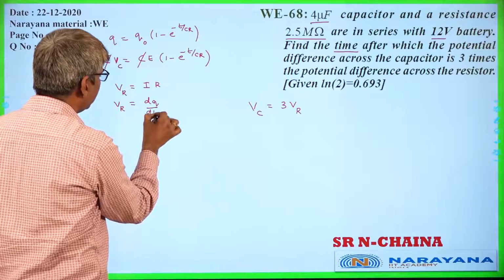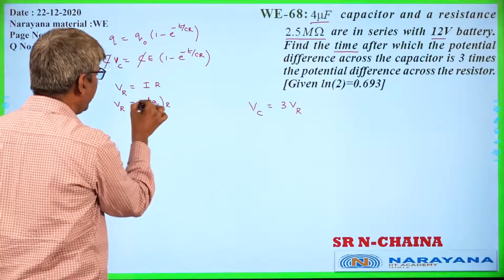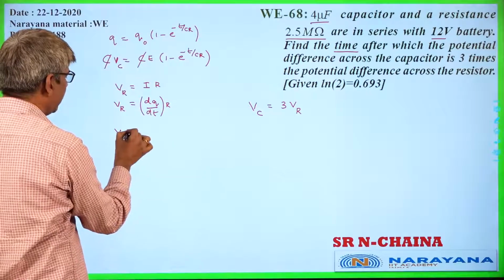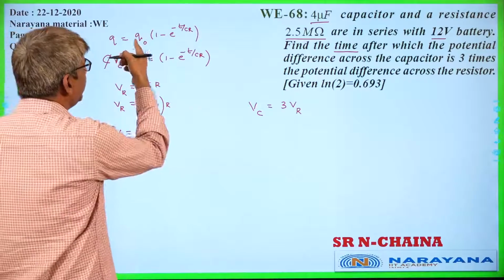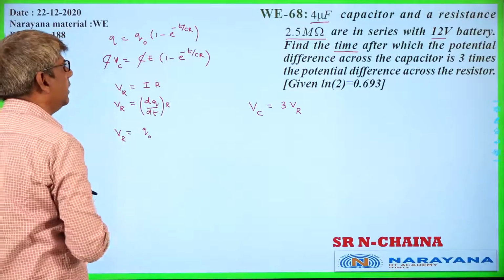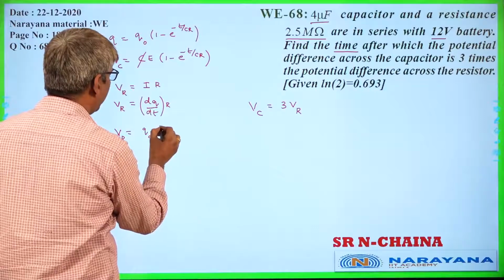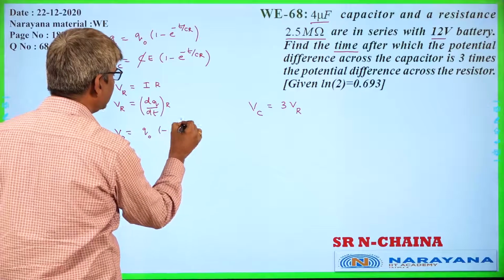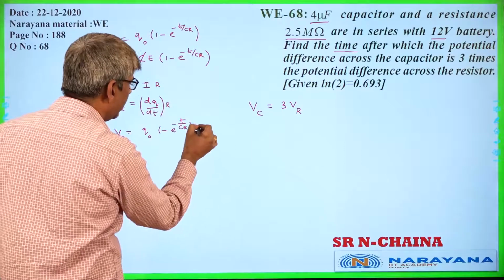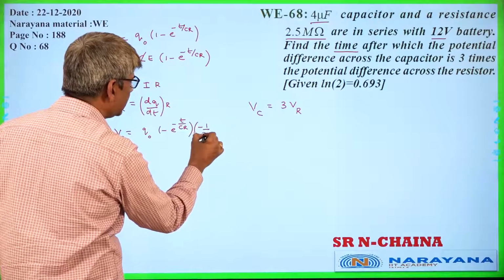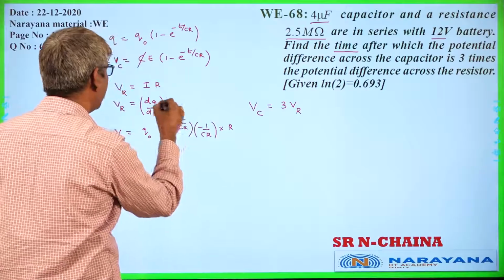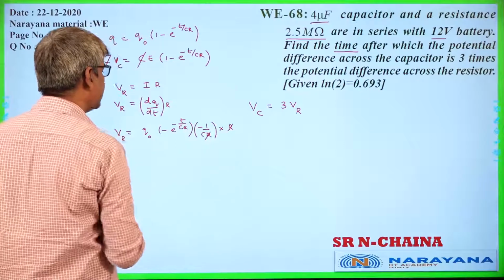So differentiating this, we get VR is equal to, differentiating the first term gives 0, whereas the second term is Q0 into e power minus t by CR, differentiation of this gives minus 1 by CR, into, already there is an R here, therefore R and R cancel out.